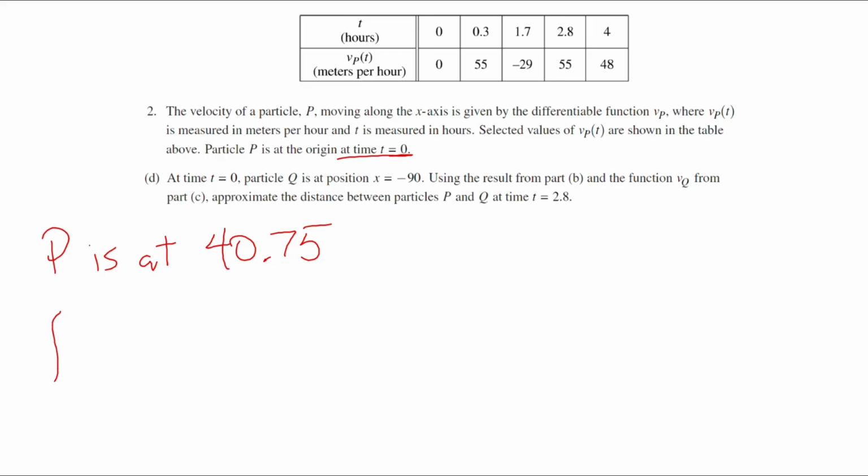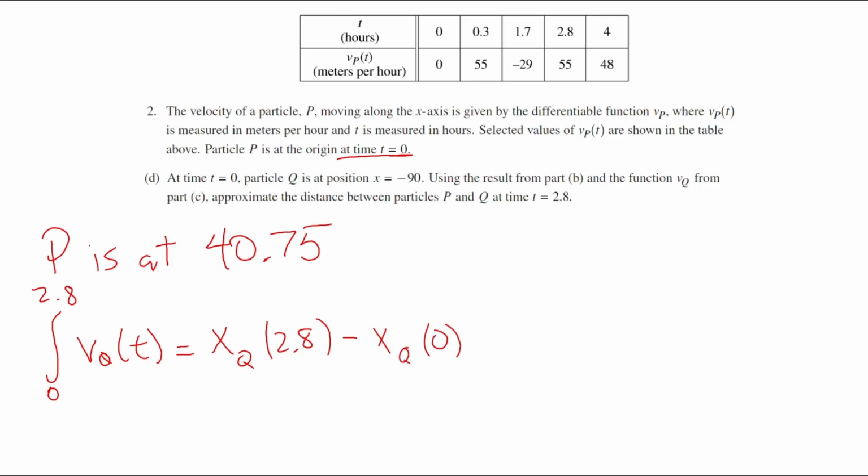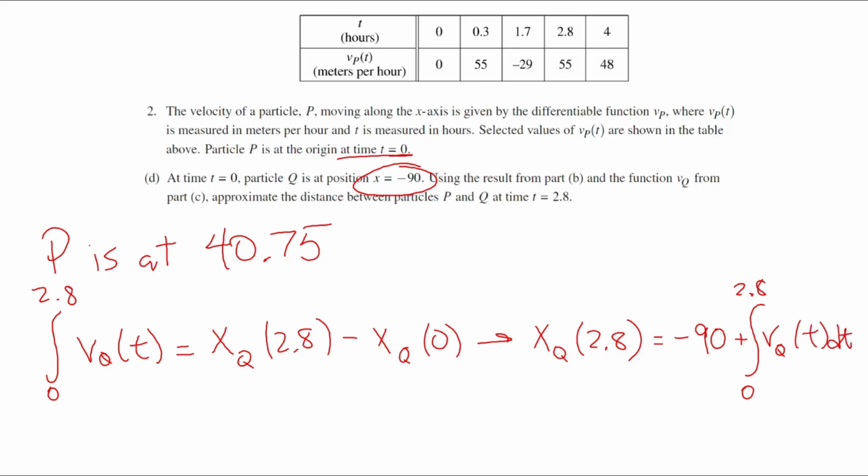So to find the displacement from 0 to 2.8 of v sub q of t, that would give us the position of q at 2.8 minus the position of q at 0. Or in other words, in order to find the position of q at 2.8, we need to do the position at 0, which was just told to us to be negative 90, plus the integral from 0 to 2.8 of v sub q of t dt.